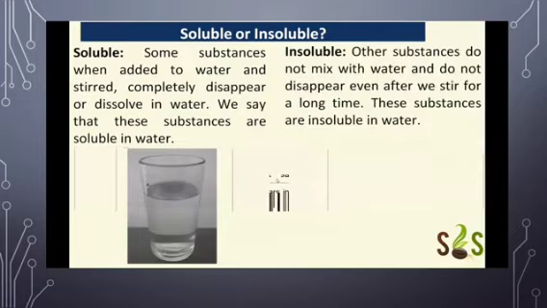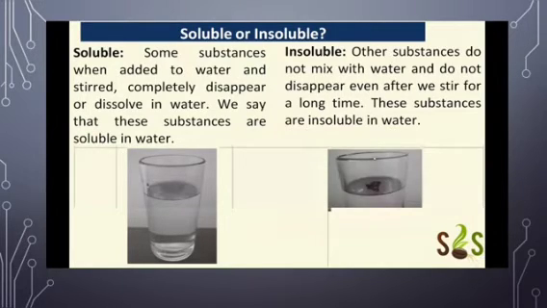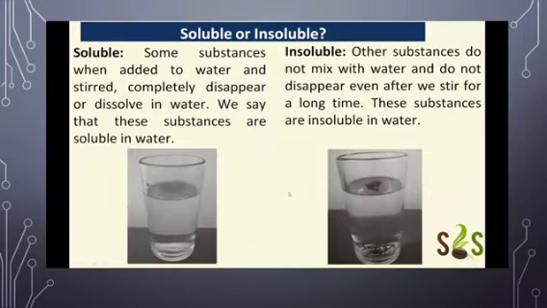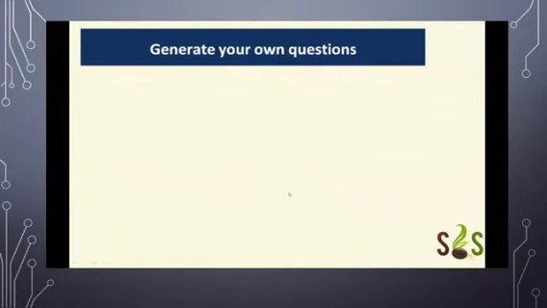But there are some other substances which do not mix with water and do not disappear even after we stir for a long time. These substances are insoluble in water, for example, mustard seeds in this case. Salt has disappeared, so salt is a soluble substance in water and mustard seeds are insoluble substances in water.